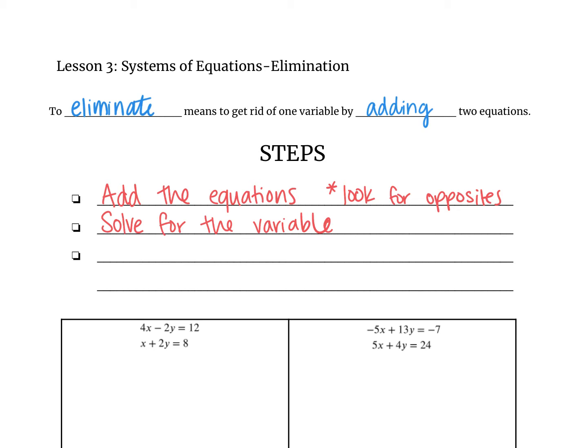Okay? So once we have found that variable, we will plug back into any equation and solve.